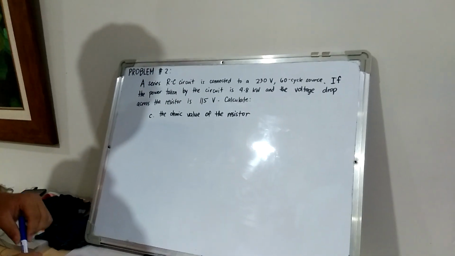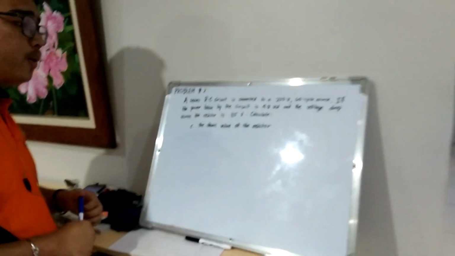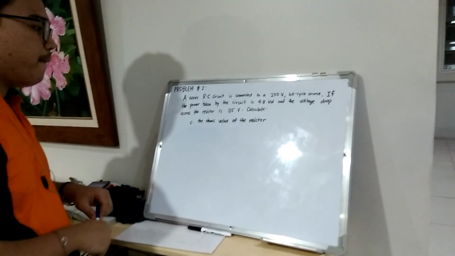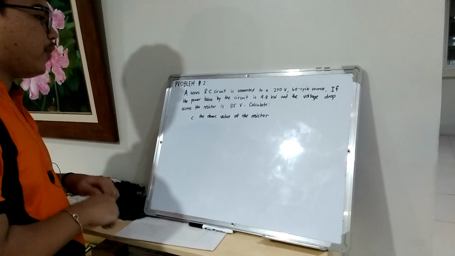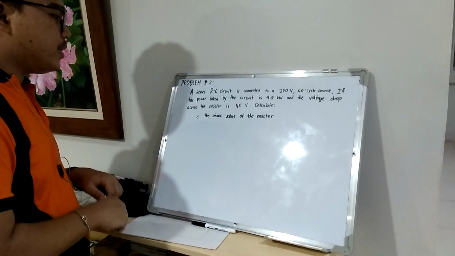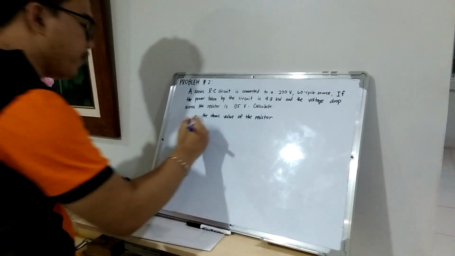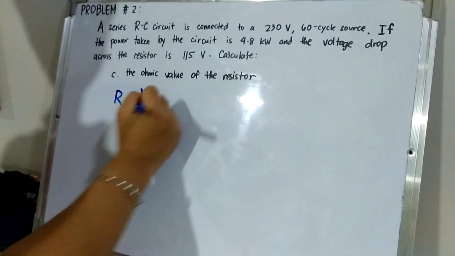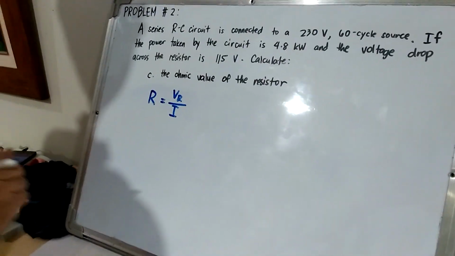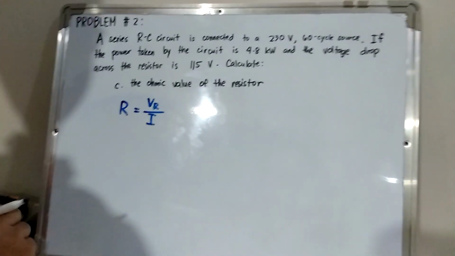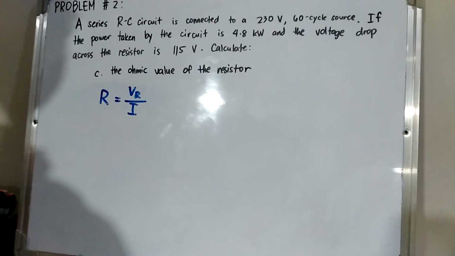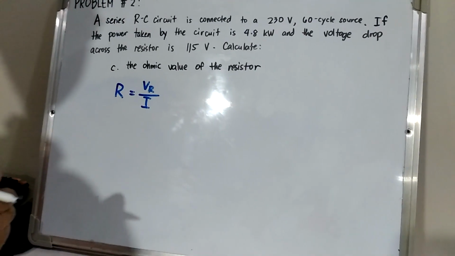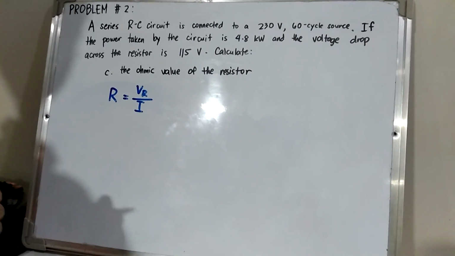For letter C, we need to calculate the ohmic value of the resistor, the resistance. So R is equal to V sub R over I. We just need to substitute the value of V sub R and the current that we got earlier.